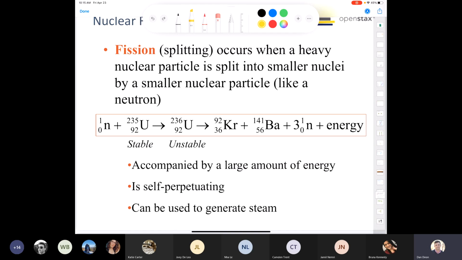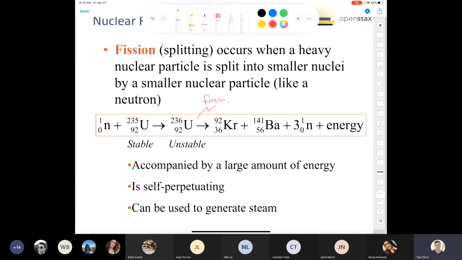And fission is nothing more than when a heavy nucleus breaks into smaller nuclei to make something that's more stable. Now, when we take a stable nucleus like uranium-235 and we bombard it with a neutron, what we end up making is uranium-236, which is unstable. And that uranium-236 is what is going to undergo fission, right? This is the fission process right here.